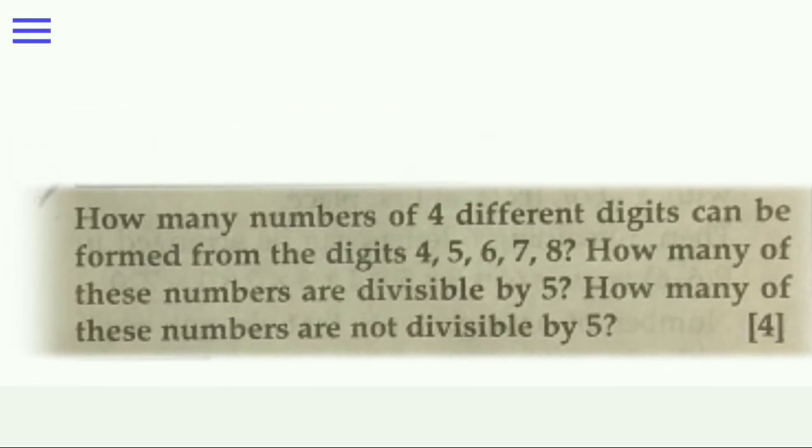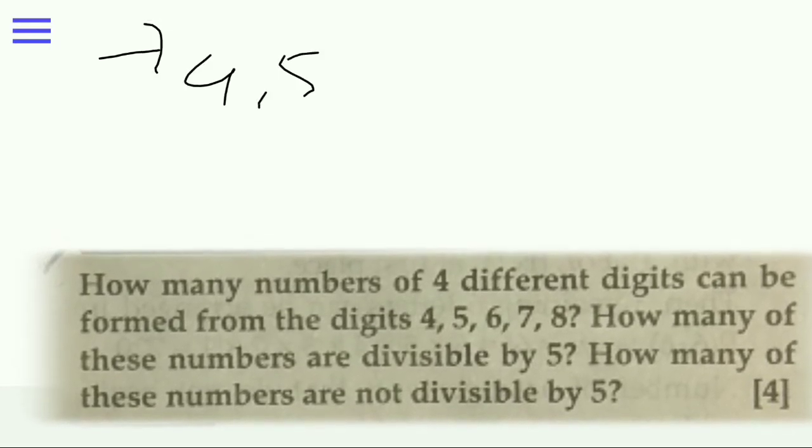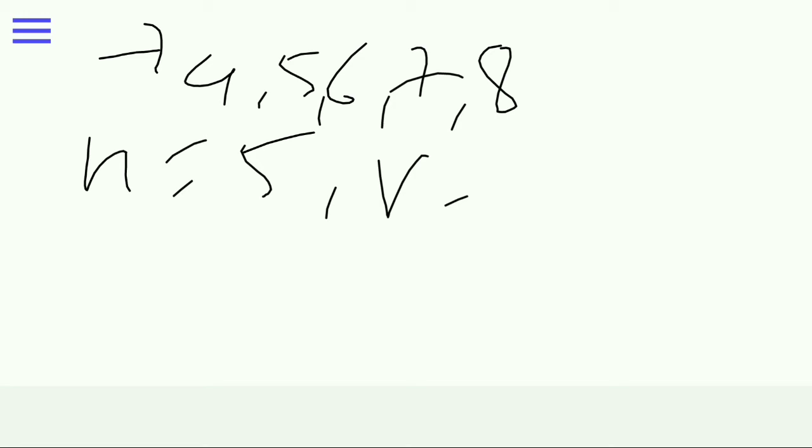Here we have the given digits 4, 5, 6, 7 and 8. Altogether we have 1, 2, 3, 4 and 5. So here n equals 5 and we have to form 4 different digit numbers, so here r equals 4. For the first part, how many numbers of 4 different digits can be formed from the given digits?